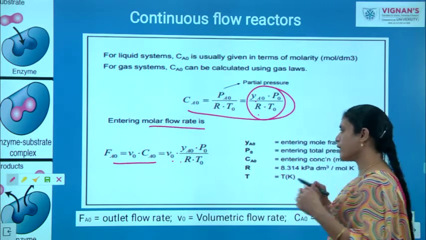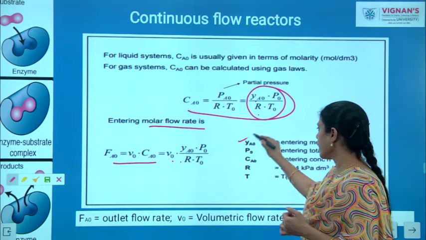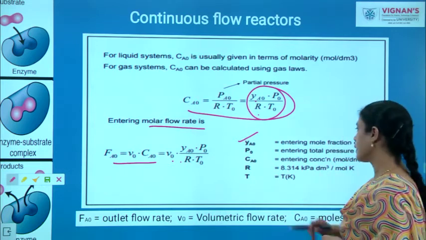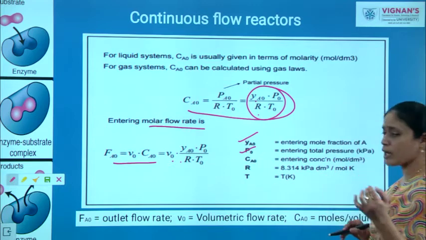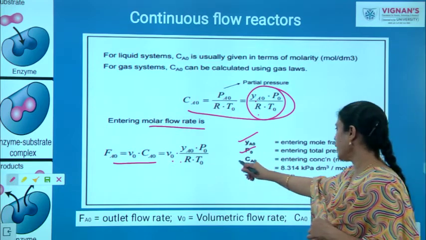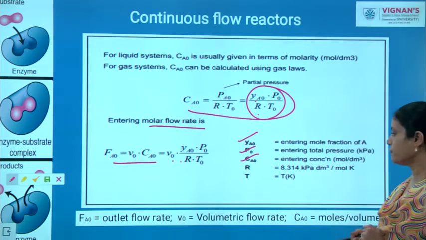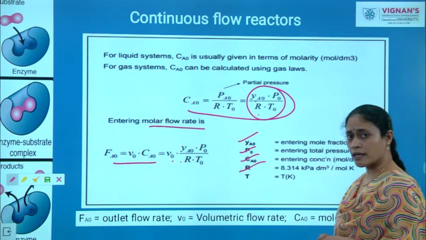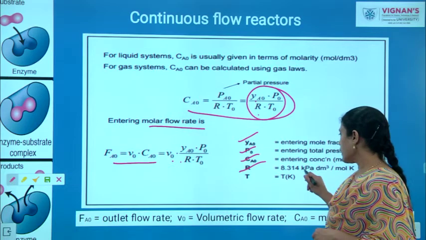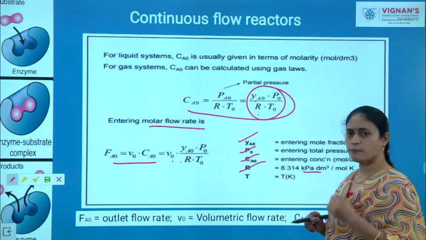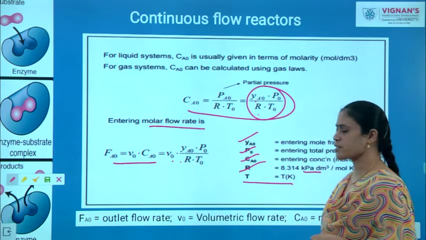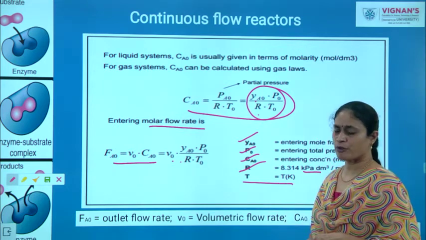To elaborate the terms, YA naught is the entering mole fraction of A, P naught is the entering total pressure, CA naught is the entering concentration, and R is the gas constant, which is equal to 8.314 kilopascals dm cube per mole K, and T is the temperature, measured in Kelvin.